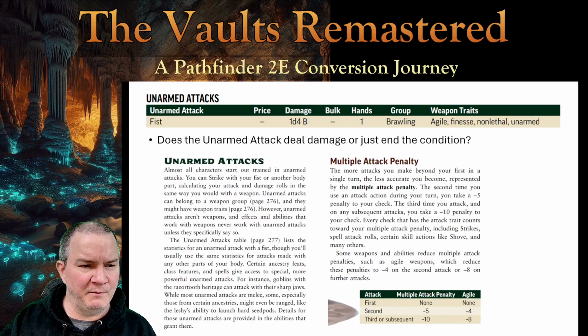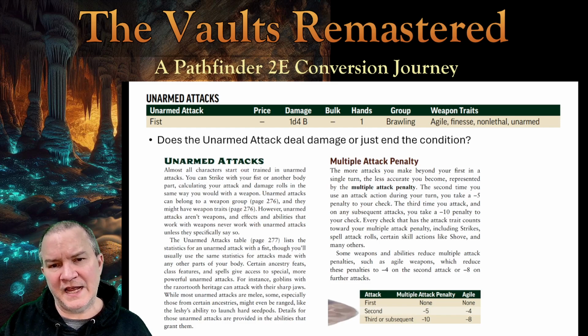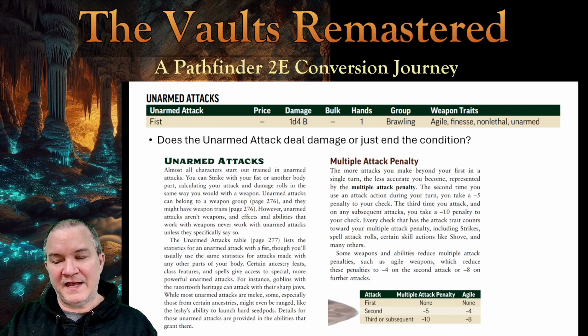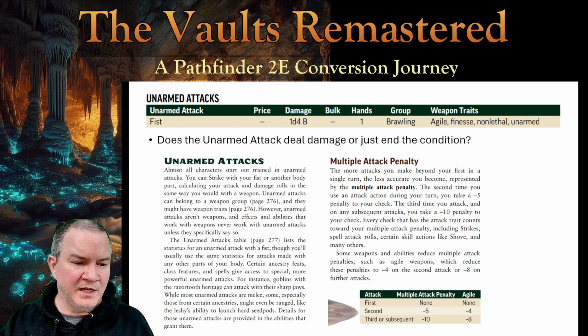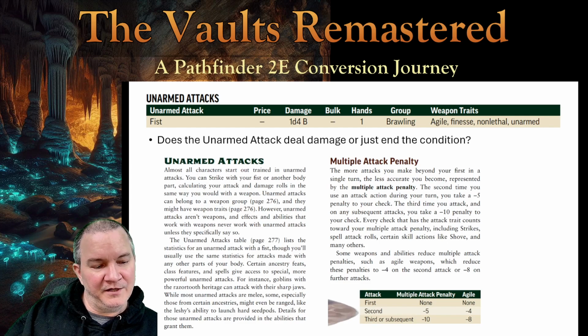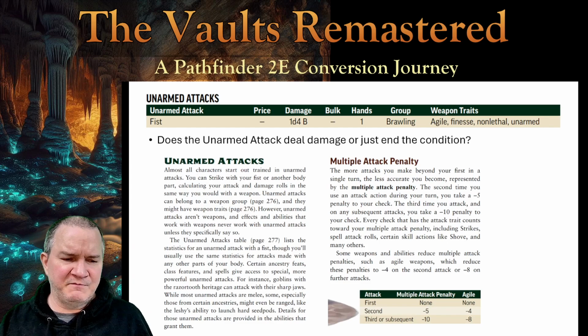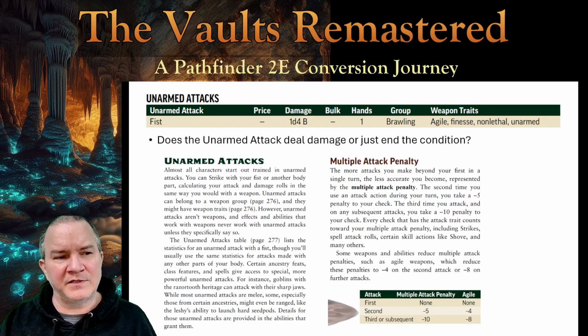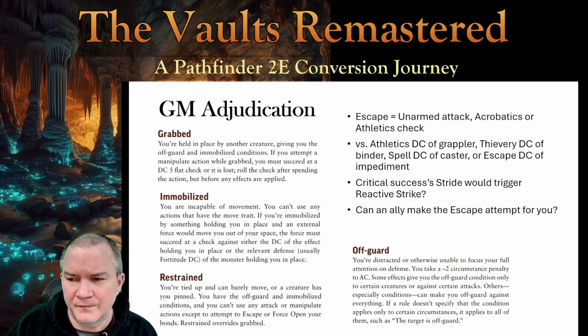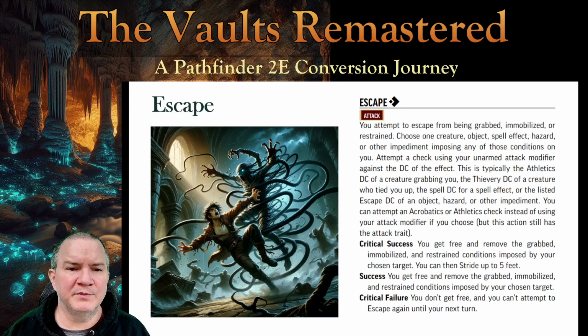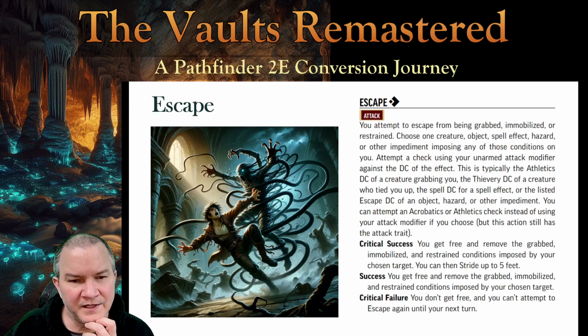And you throw in here, well, maybe it's an unarmed attack that can deal damage. And maybe it's an unarmed attack that doesn't deal damage, but it's the agile trait. And then is there the ability of the ranged Leshy? Does that apply? Does biting count? Does kicking count for escapes? I think there's a lot of potential gray area here. I don't think it's as clear cut as this initially seems.